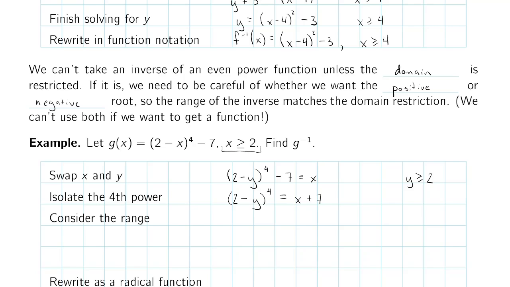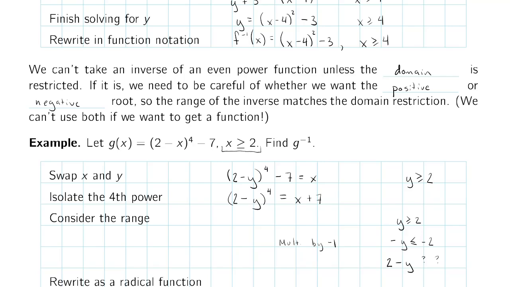And now we're going to think about the range. We have y is greater than or equal to 2. And we want to say 2 minus y does what? It looks like I want to end up with a negative y, so I'm going to multiply both sides by negative 1. On the left, I'll have negative y. On the right, I'll have negative 2.